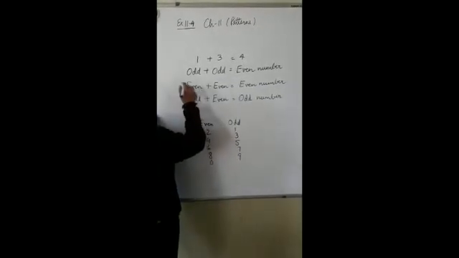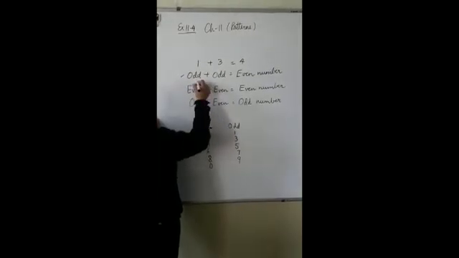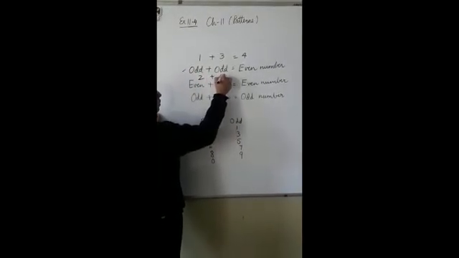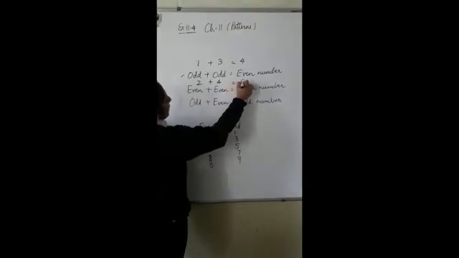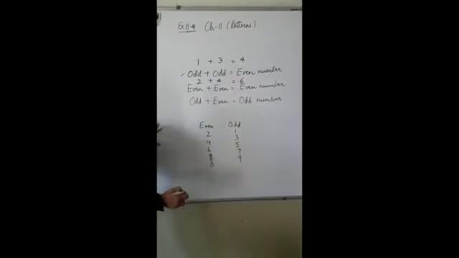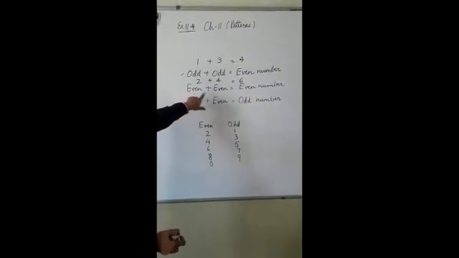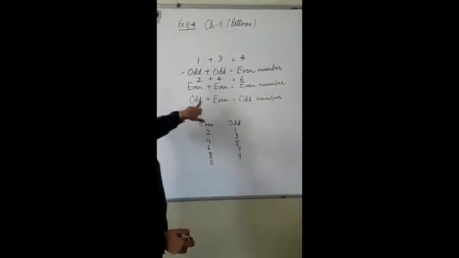So next rule is even plus even. If you add 2 plus 4, your answer will always be an even number only. So this rule says even plus even is equal to even.